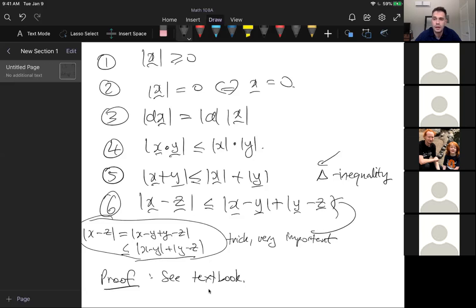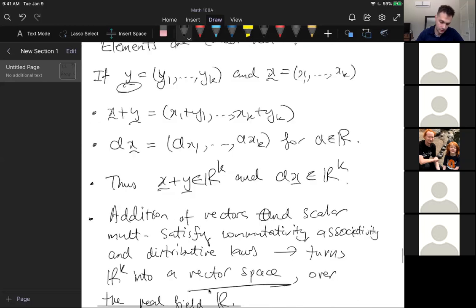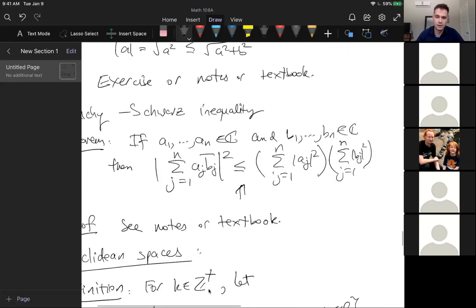Are there any other questions? Okay, I might just quickly jump back and prove the Cauchy-Schwarz inequality. So let's just go back. Cauchy-Schwarz says that if I take a sequence of n complex numbers and another sequence of n complex numbers, and I'm trying to estimate the sum of their pairwise products, then this is always less than or equal to the product of the sums of squares of each of them. So I can separate them in some sense.